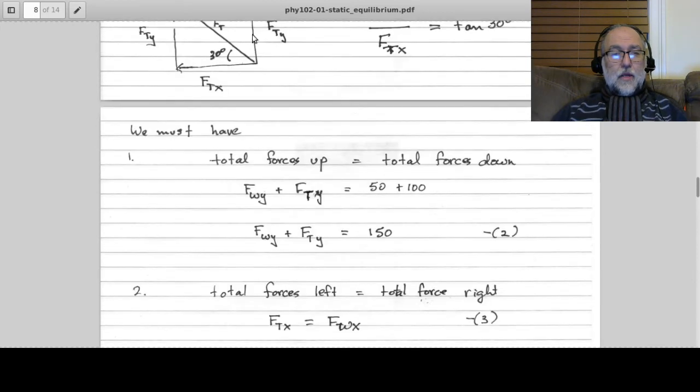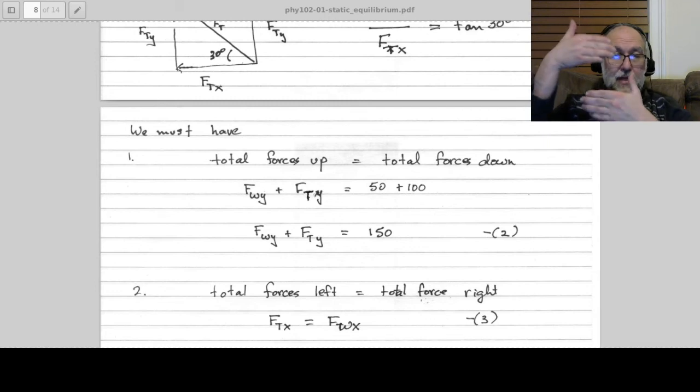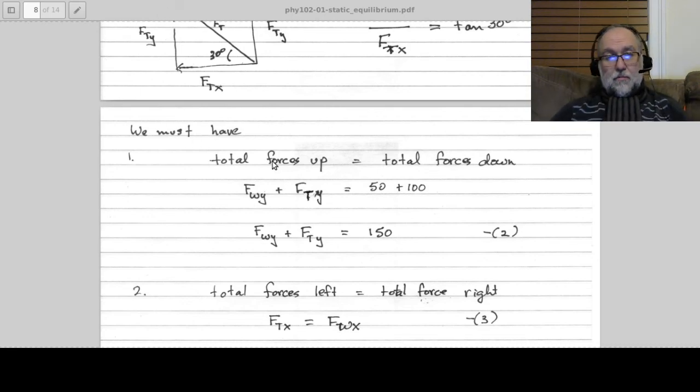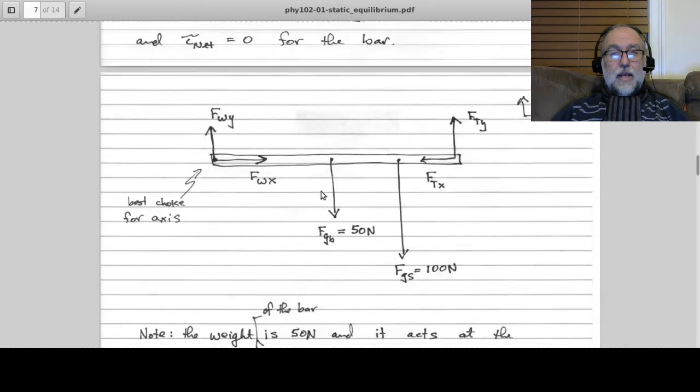All right, we're good now to start applying those criteria. Remember, the first one is the net force has to equal 0, and we've broken that up into 2: forces up balance forces down, and forces to the left balance forces to the right. Here I started with forces up balancing forces down. Take a look at this diagram, and now you can see the advantage of having broken this one up into x and y components.